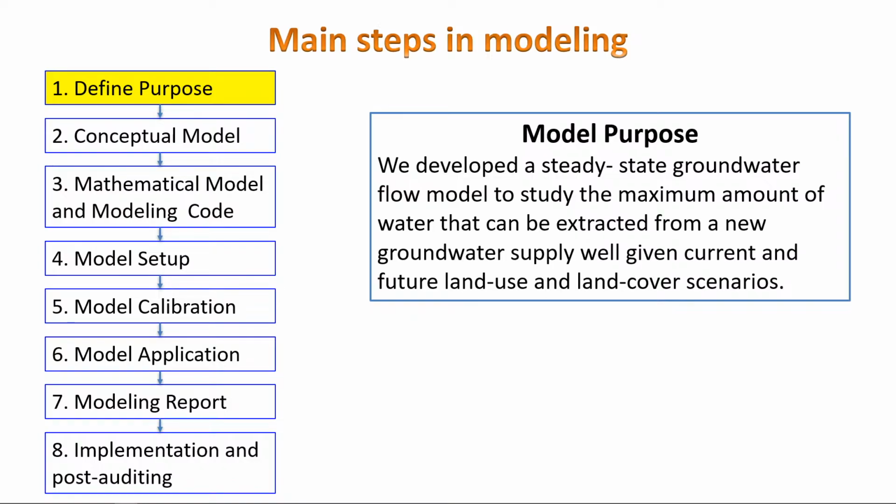If there is already available data, get this data and start building a conceptual model and a numerical or computational model, and let this computational model, based on the available data, guide you to where you want to collect data. Where is the most uncertain part of your model? That's exactly where you want to collect data.